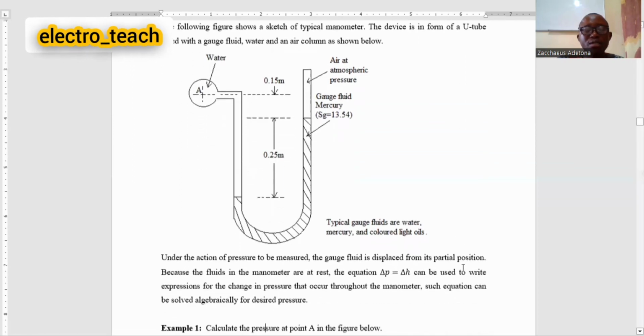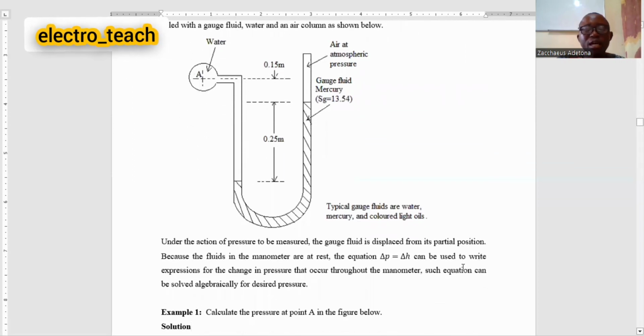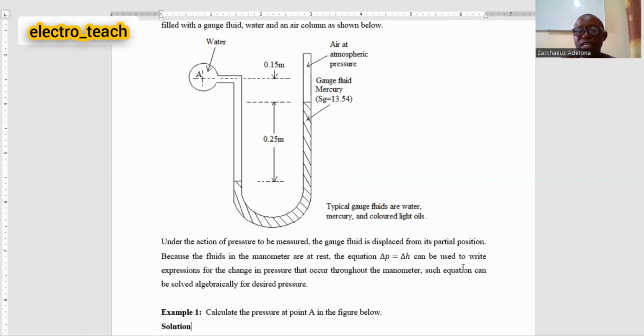When the manometer is used to measure the pressure of a fluid, under the action of the pressure to be measured, the gauge fluid is displaced from its initial position. And because the fluid in the manometer is at rest, we can use the equation delta P equals gamma H to calculate the unknown pressure.